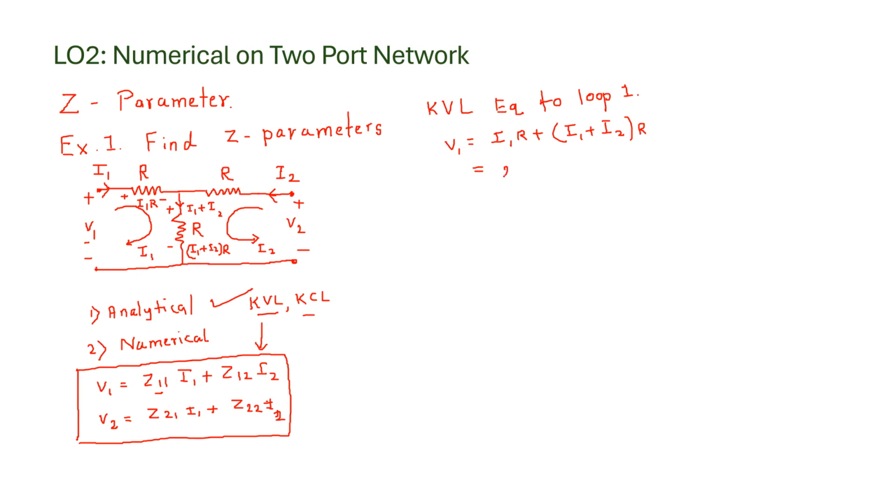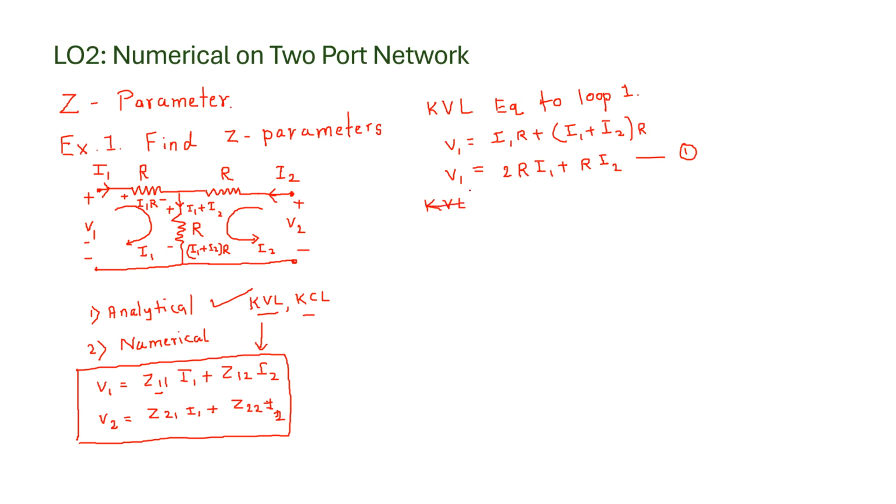So rearranging, you will have 2R into I1 plus R into I2, which equals V1. Let this be equation 1.